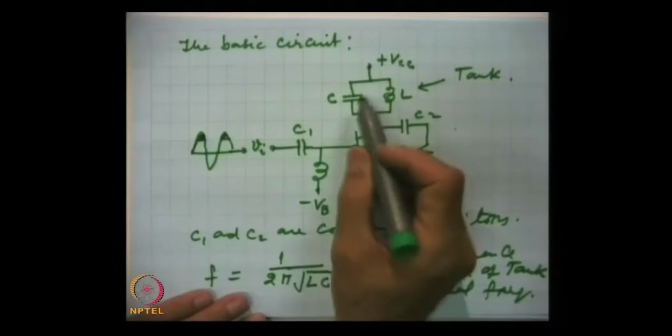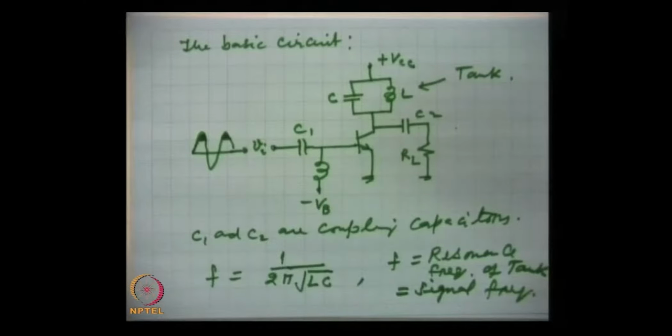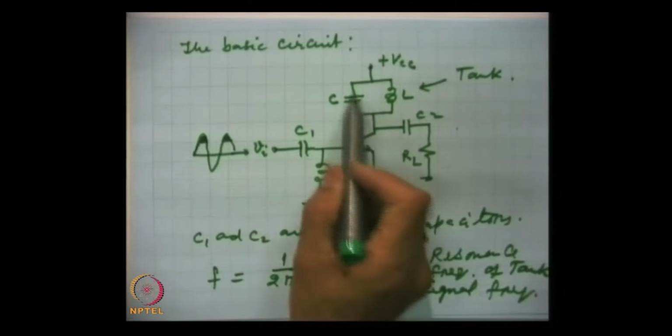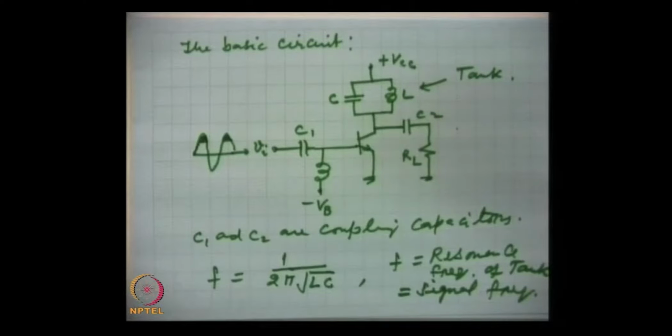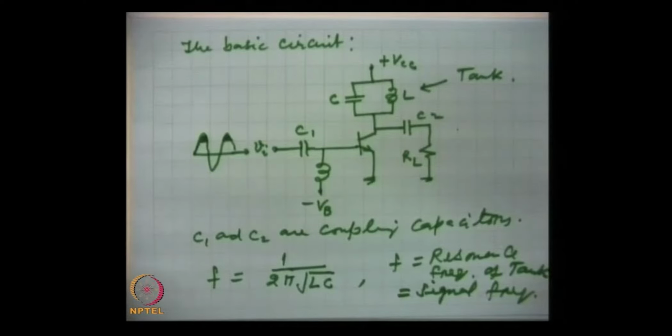So, this tank circuit will get periodic, very highly powered collector current pulses. Collector current pulses will be striking this resonant circuit, and I will soon explain that this circuit is capable of converting those pulses into the original, complete sinusoidal signal.